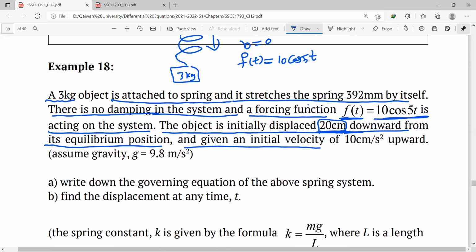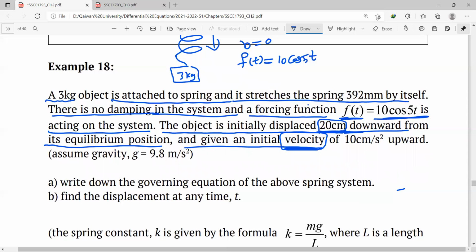And we are given the initial velocity. Velocity is the derivative of the displacement. If y of t is the displacement, then dy by dt is the velocity.